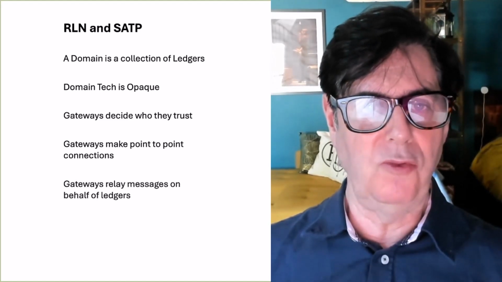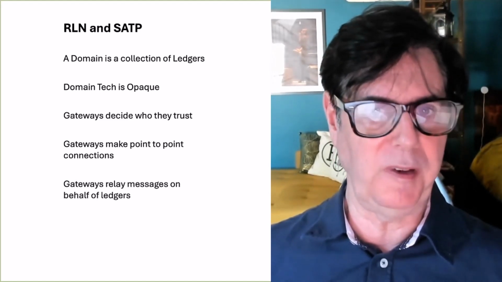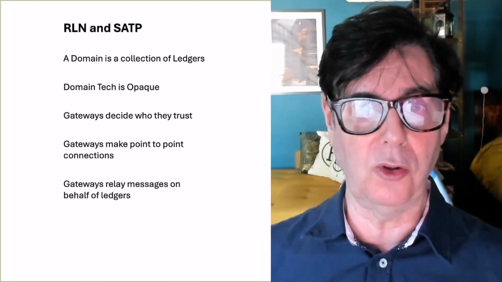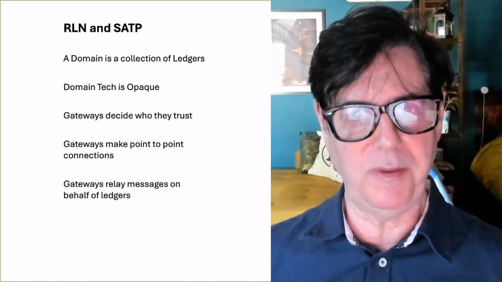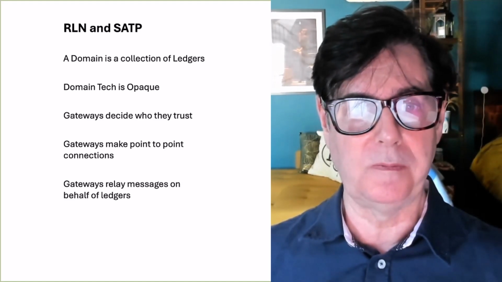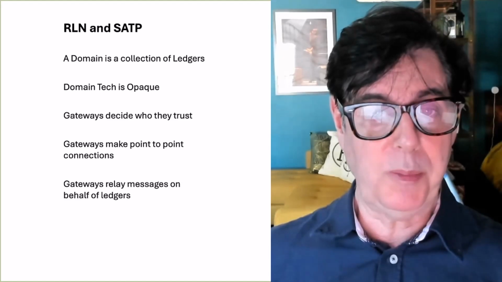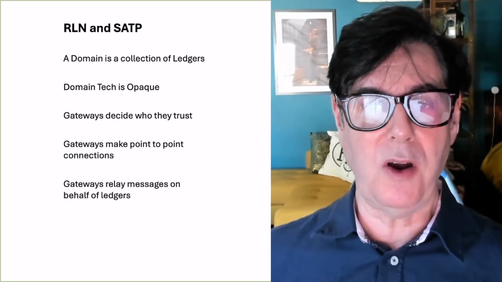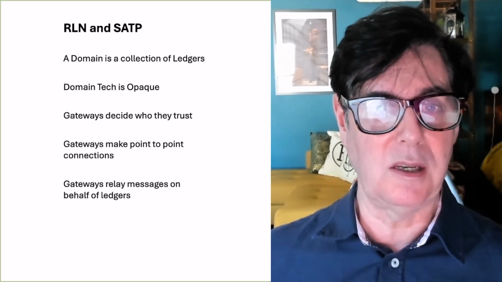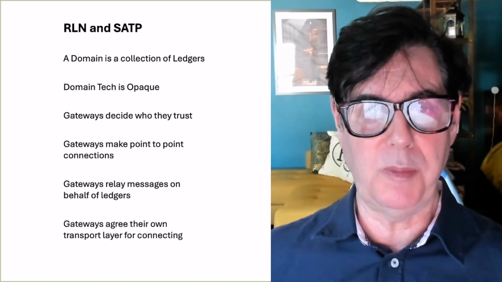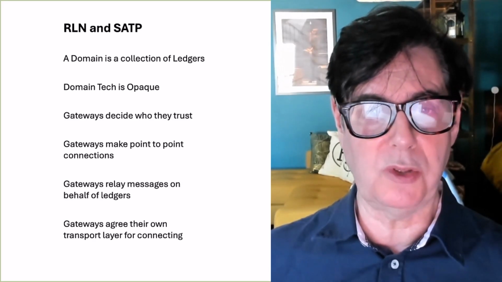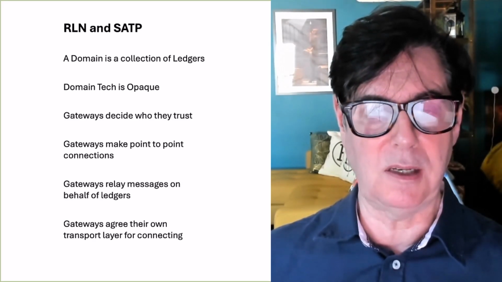And gateways relay messages on behalf of ledgers. A ledger being a collection of entries that is controlled by some identifiable entity or person. The purpose of the gateway is to relay those messages. Insofar as ledgers in other domains need to rely upon those messages, they should be from identifiable sources and cryptographically signed.